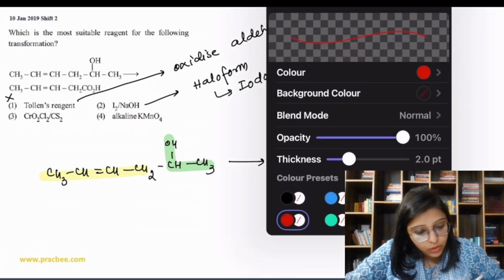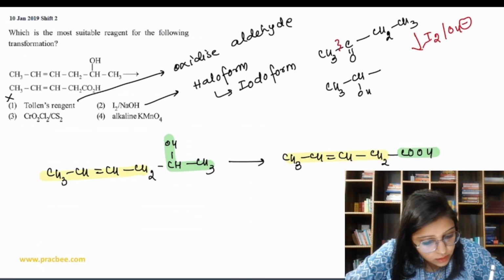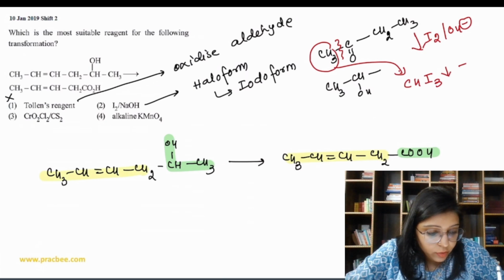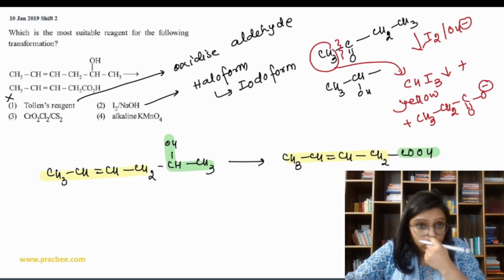So if you react this with I2 and OH minus, then what happens? This is going to break. This whole part is converted to CHI3. We get iodoform, yellow color precipitate, and that part CH3, CH2, C double bond O minus. So this is converted into this form.